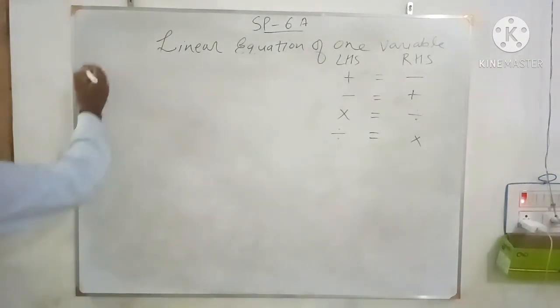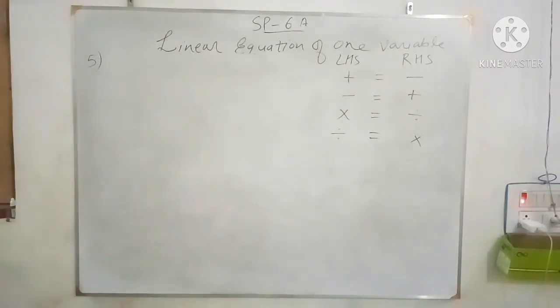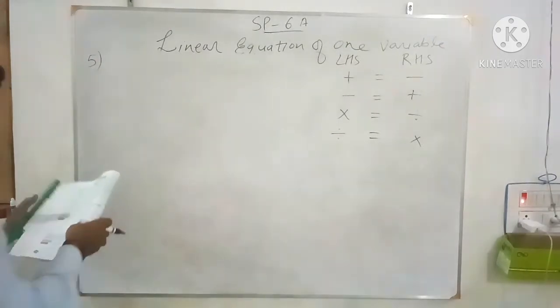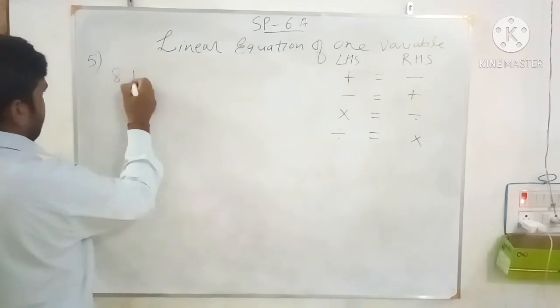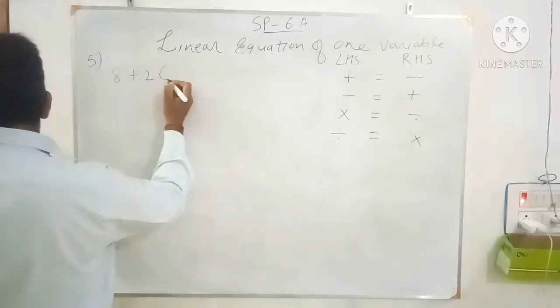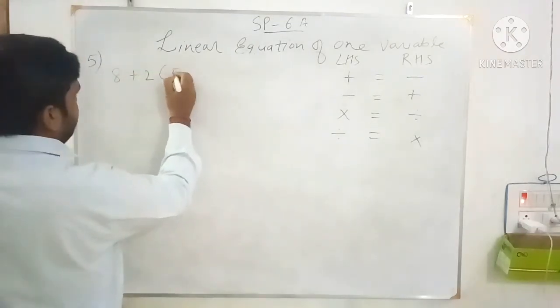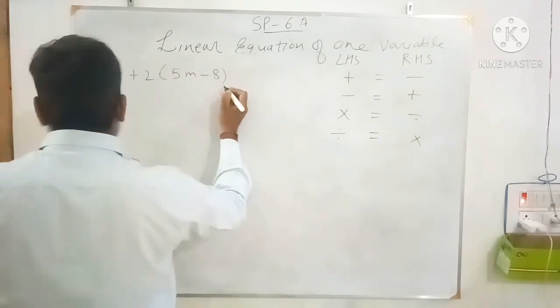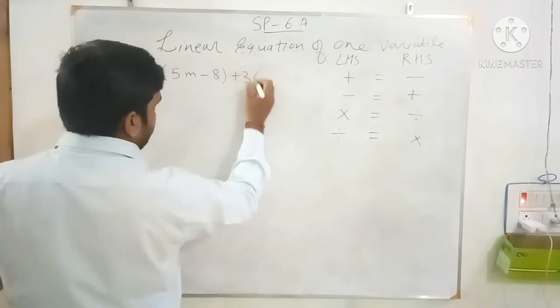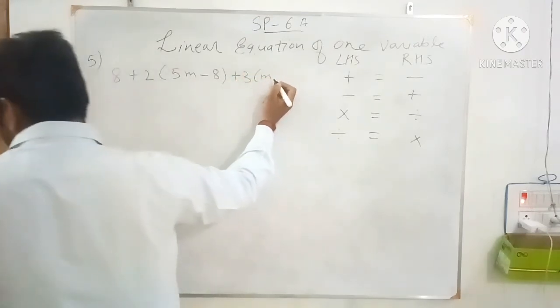So the last question, question number 5. So what is this equation? 8 plus 2 in bracket 5m minus 8 plus 3 in bracket m plus 2.